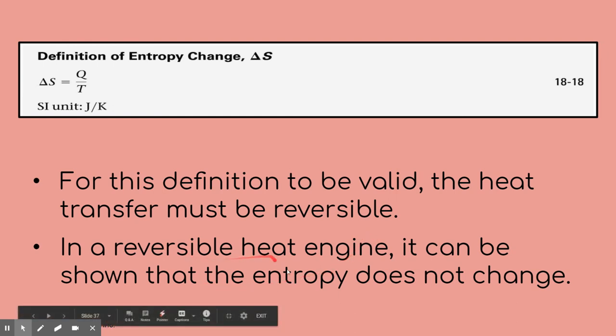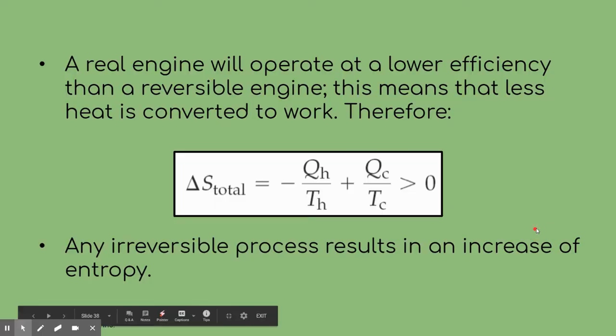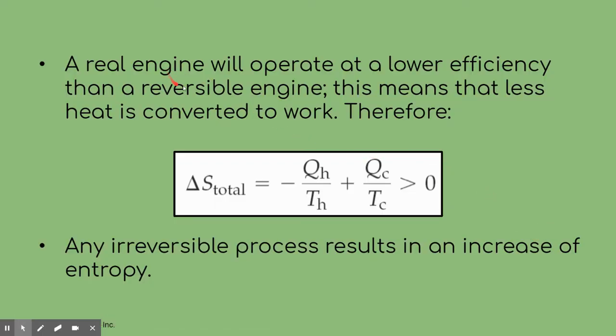So in a reversible heat engine, entropy does not change. But in a real engine, which is what we're working with here in this universe, the efficiency is going to be lower than that of a reversible ideal engine. In other words, less heat is successfully converted to work. So that gives the following definition for entropy.